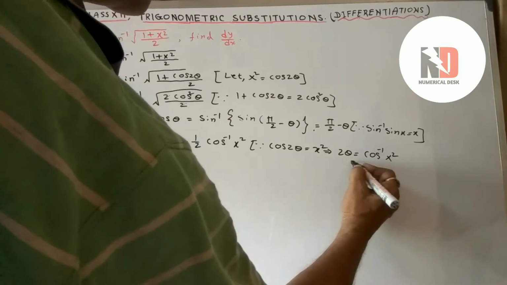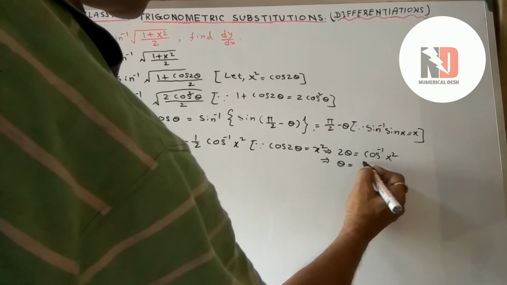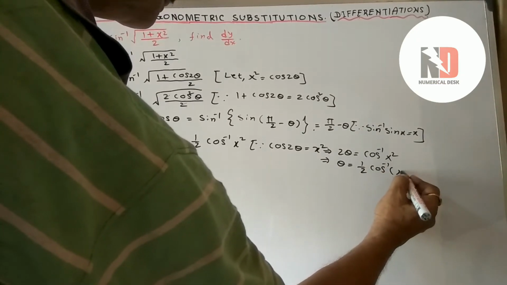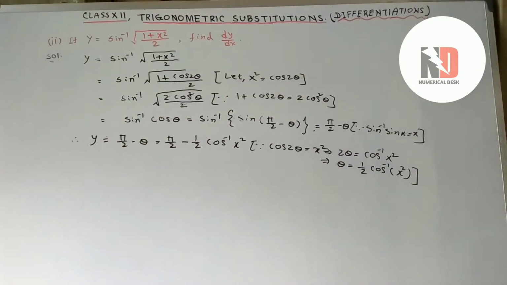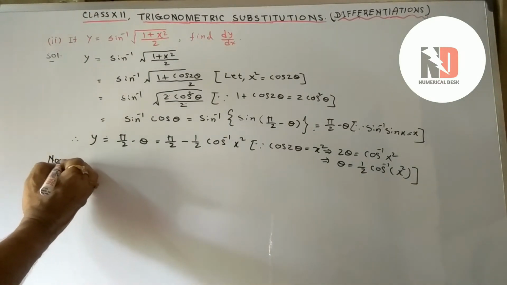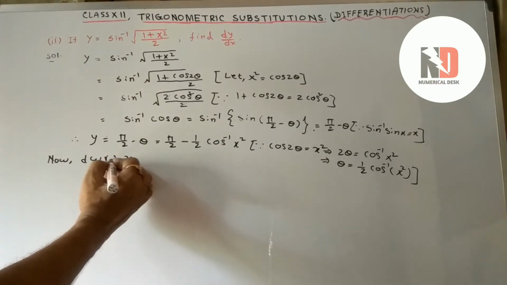So this is 2 theta, or theta equal to half cos inverse x square. For a different sum the value of theta is different, depending on the assumption you make at the starting point.